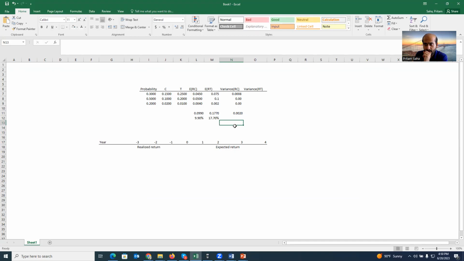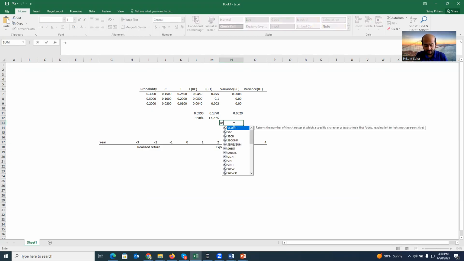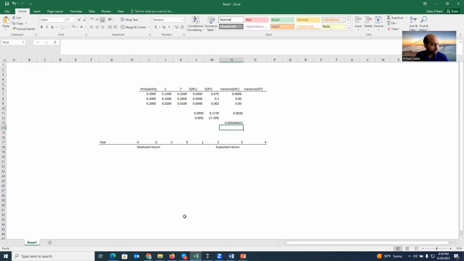Now, when you talk about risk, variance is not the risk. Your risk is sigma. Sigma is basically if you square root your variance. This is your sigma. So basically now you can be thinking of how you can do it on the calculator.